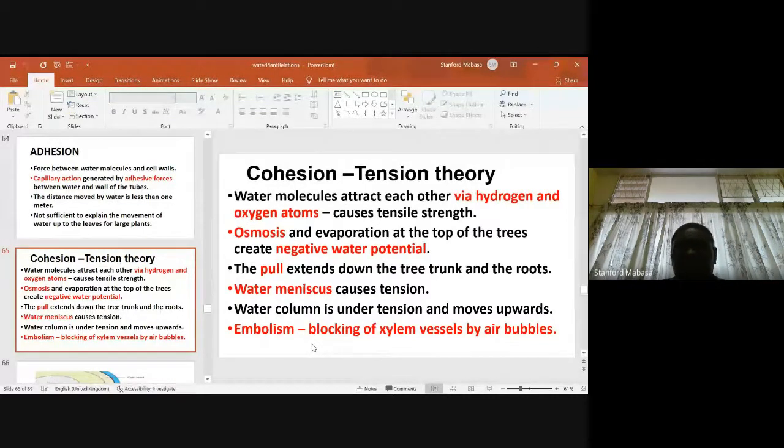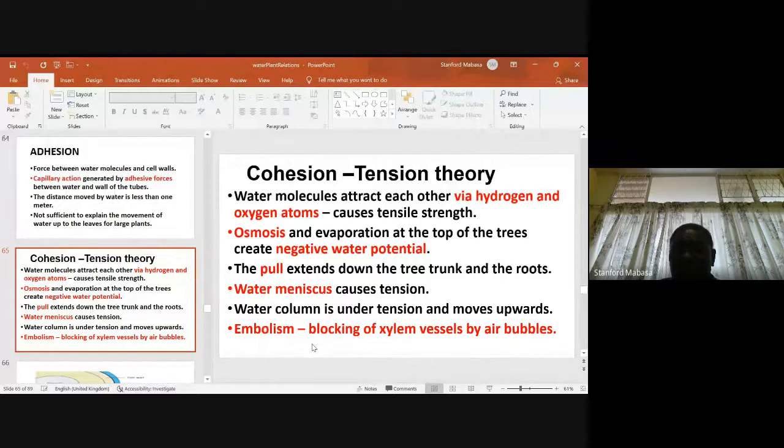If we want to understand the movement of water, probably let us go back to the water itself. What is it made of? Water molecules attract each other via the hydrogen and the oxygen atoms. In fact, we call these cohesive forces because we have got hydrogen bonds between oxygen atoms.